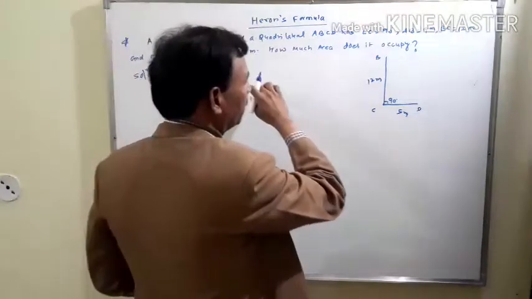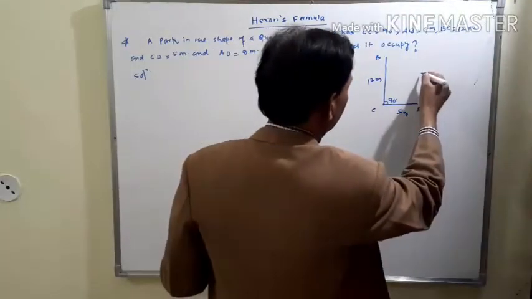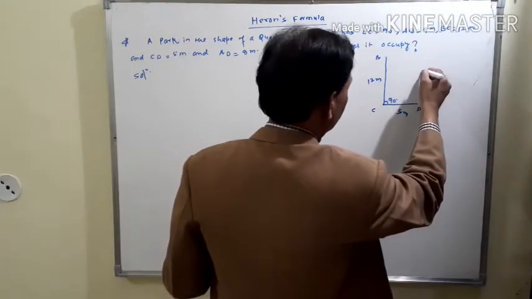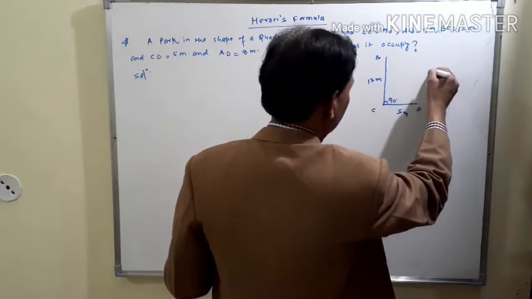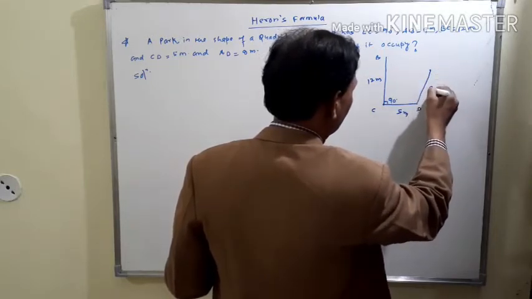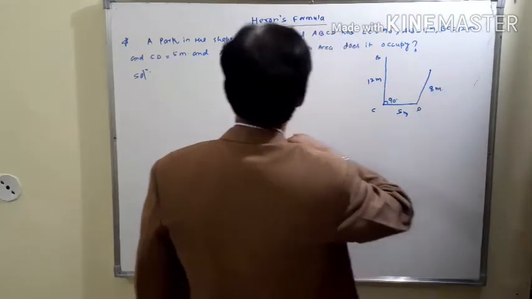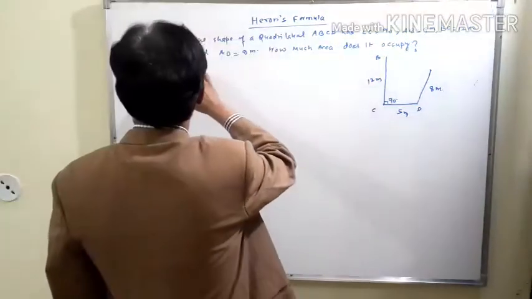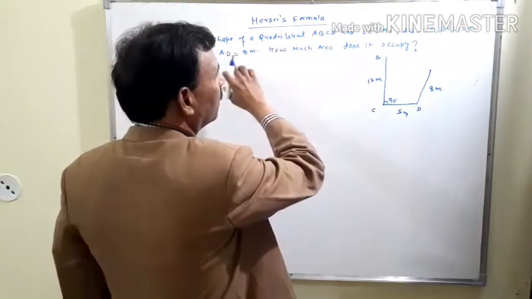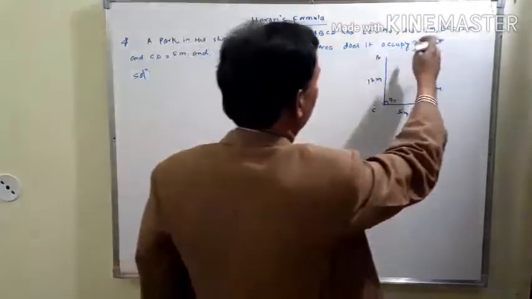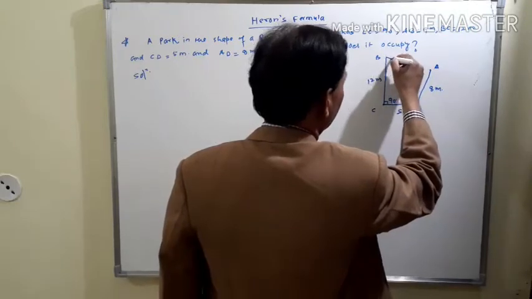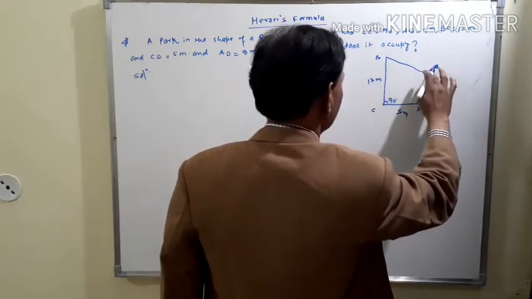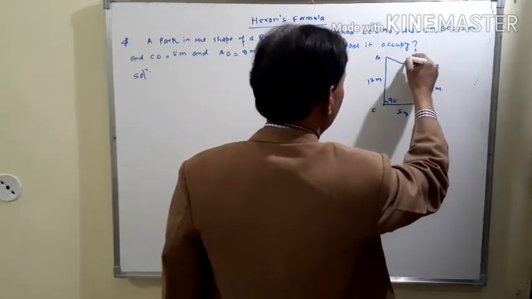AD equal to 8 meters, A to D 8 meters, that means suppose this is the A and AD equal to 8 meters. Since AB equal to 9 meters, this is the A, that means this is AB 9 meters.